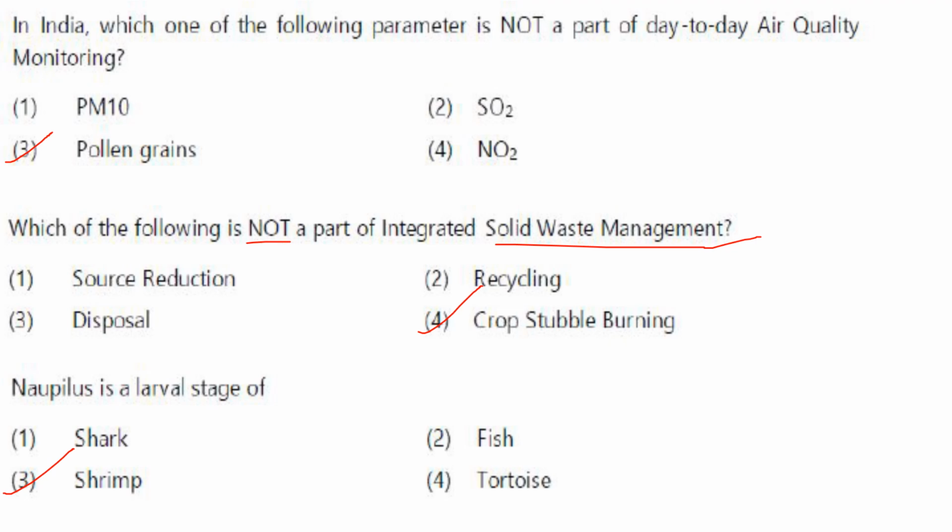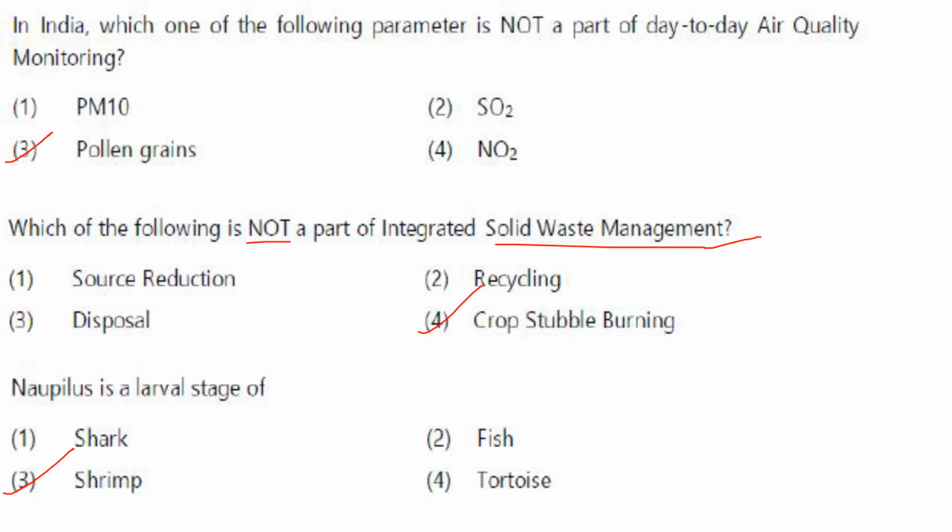Which of the following is not part of integrated solid waste management? Source reduction. Yes, reducing the amount of waste generated at the source itself. Recycling is converting the waste product into new products or materials. Disposal is properly managing waste that cannot be reduced or recycled, such as through landfilling or incineration.